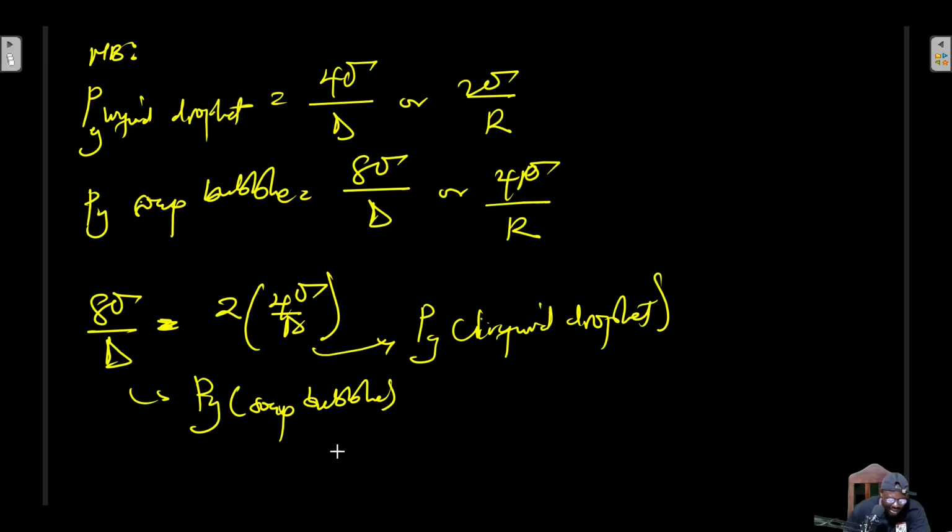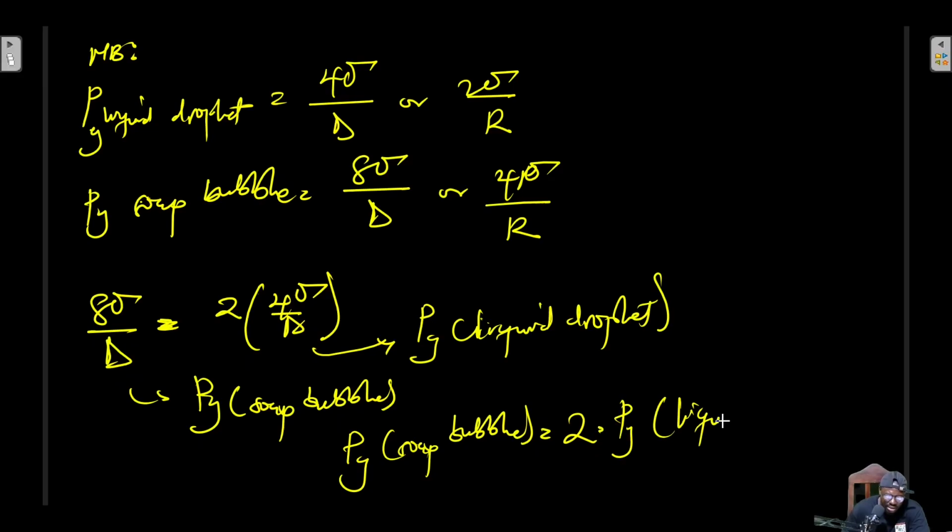Then I can say Pg of soap bubble is equal to 2 times the gauge pressure within a liquid droplet, if the surface tension for both is the same and the diameter for both is also the same.